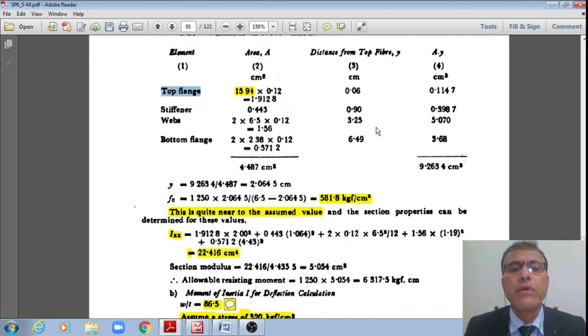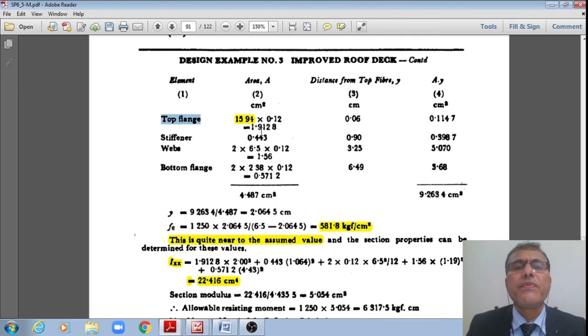Please make a note. For that 15.94 by 0.12, the area is equal to 1.912. Like that, the distance from the top fiber is 0.12 divided by 2, and A multiplied by Y is 2.06. Like that, please see the stiffener area and its distance from the top fiber.